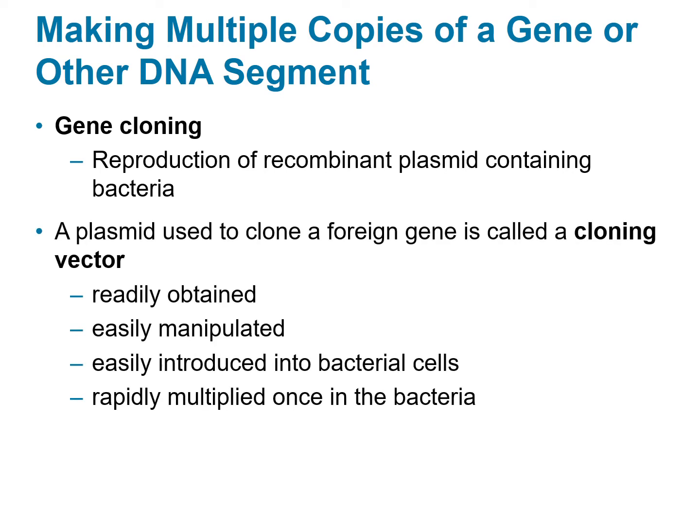So in this case, the plasmid is used. It's a foreign gene, which is going to be inserted into a vector. And these types of vectors are called cloning vectors. So there are different types of vectors, and they're actually plasmids. So there are plasmids that are cloning vectors. They serve as vectors, which is like a vehicle to allow things to stay or be moved around.